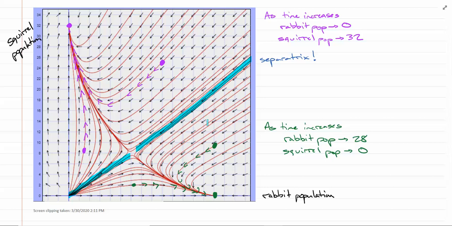So in practice, it would be really important to know what that separatrix was, because that way you could predict, depending on what the initial conditions are, which population is going to stabilize and which one's going to die out. Okay, so that's kind of what's going on with this competition model.